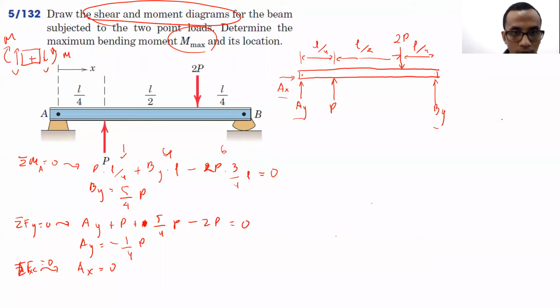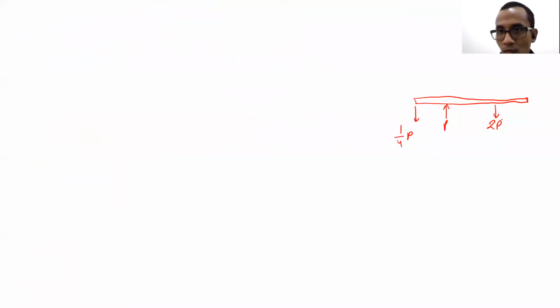Just now, what we have here is minus a quarter of P, then we have P here, and we have 2P here, and the last one, we have BY, which is 5/4 P. So this is the final free body diagram.